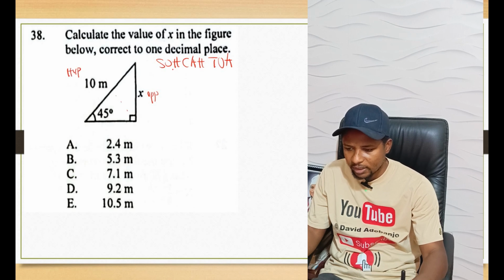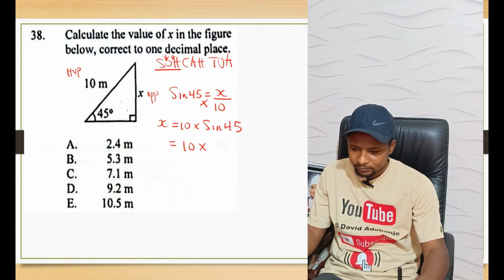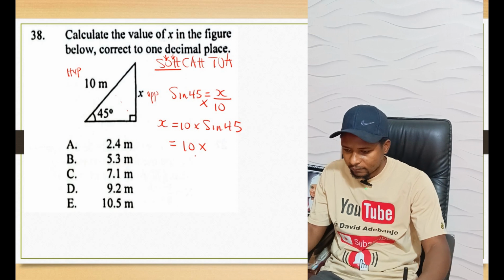So what we're using now between SOHCAHTOA is the SO, which is opposite over hypotenuse. So sine 45 is equal to opposite, and opposite is x. Hypotenuse is 10. You cross multiply, you have your x equal to 10 times sine 45. And then you have 10 times, what is sine 45?